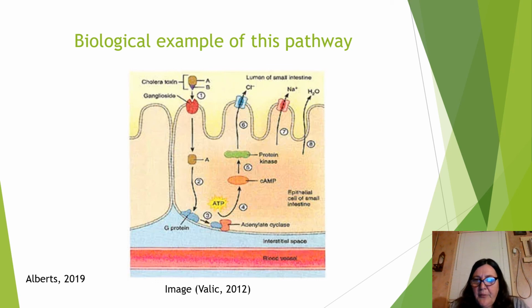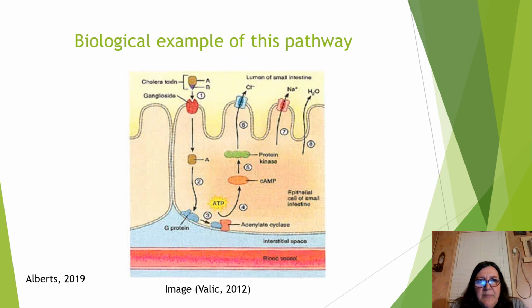Just for a little bit of information, I found this kind of interesting, that this pathway works in a whole lot of our body systems, and it's also the target of over 50% of drugs. A biological example of how this pathway works is seen in patients with cholera.